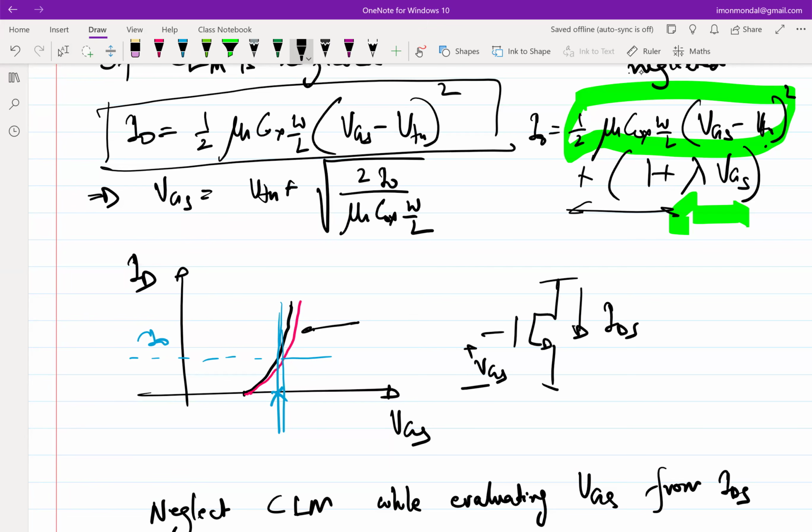Now if we sweep VGS and vary IDS, the assumption that we generally keep on taking is that VDS is constant, right?